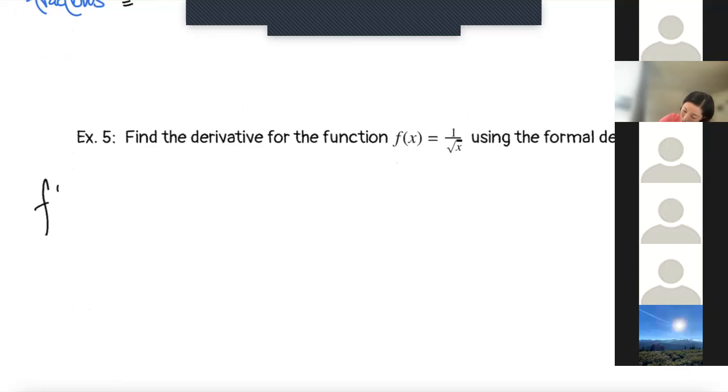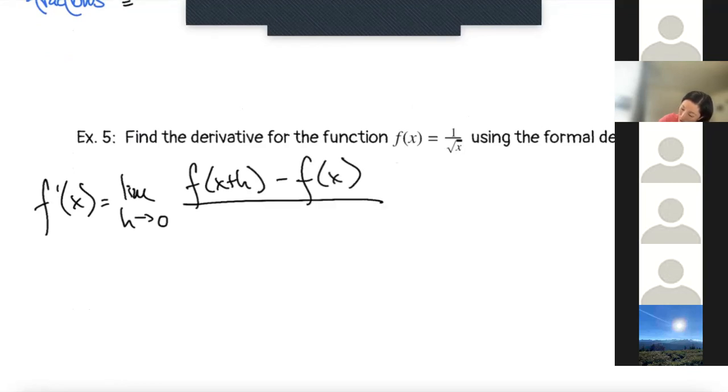All right, so let's just do the setup for this one, noting that it's more of a challenge level, if you will. While I'm writing this down, if you could go ahead and type into the chat what we might replace f of x plus h with and what we might replace f of x with.